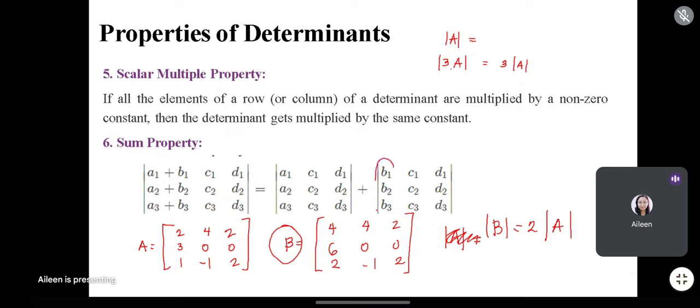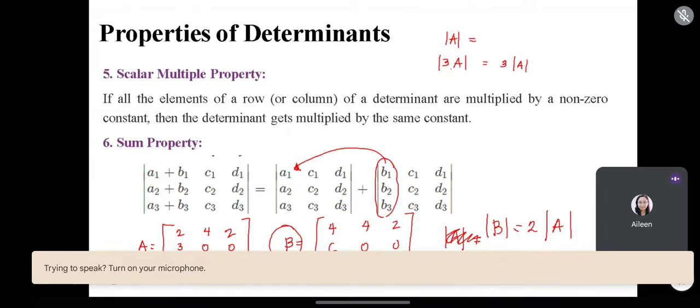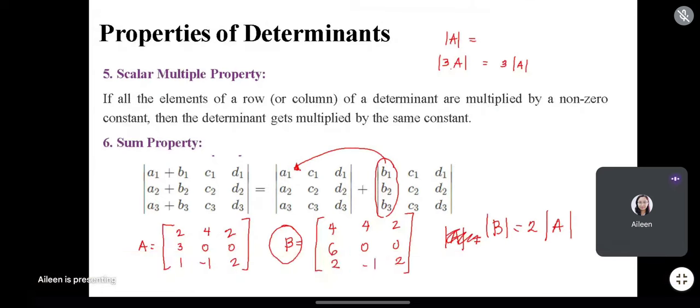So, yung isang column natin, pwede nyo siyang i-add with the first column and you will still get the same determinant. Both these are easy to observe matrices. Hindi natin siya madalas makikita.